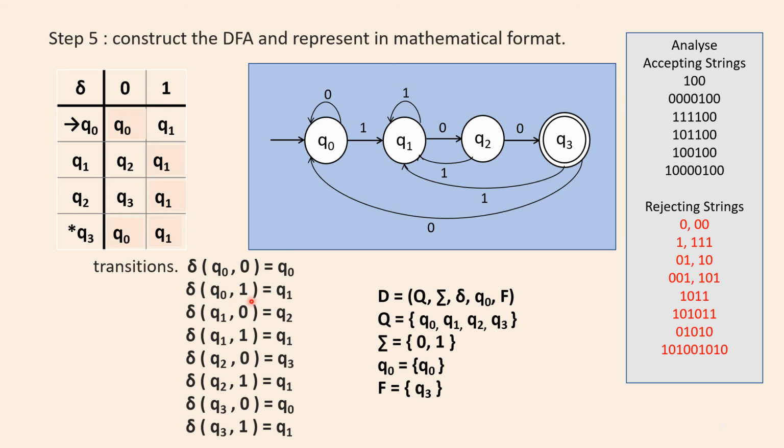So Q0 on input 1 goes to Q1, Q2 on input 0 goes to Q3. The same way the transitions for all the states with input 0 and input 1 have to be written. That is Q0 on 0, Q0 on 1, Q1 on 0, Q1 on 1, Q2 on 0, Q2 on 1, and Q3 on 0 and Q3 on 1. The transitions are given here.